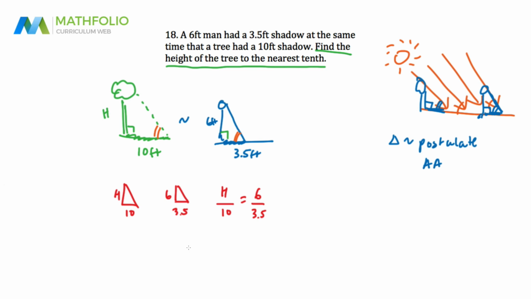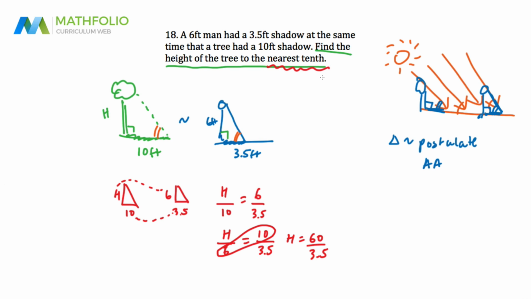Or you could say height to height. You could say h to 6 equals, so this is where we're matching up corresponding sides, 10 to 3.5. So at this point we could think about cross multiplying, but as soon as we times both sides by 6, we get h equals 60 over 3.5.